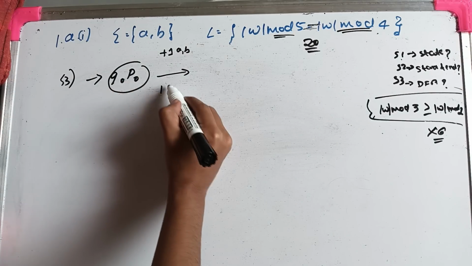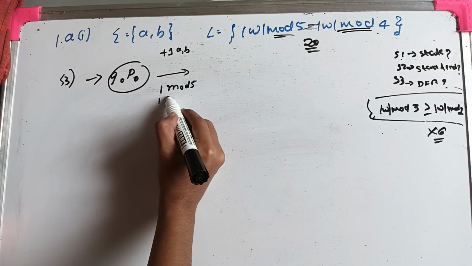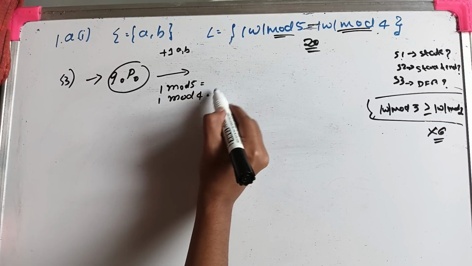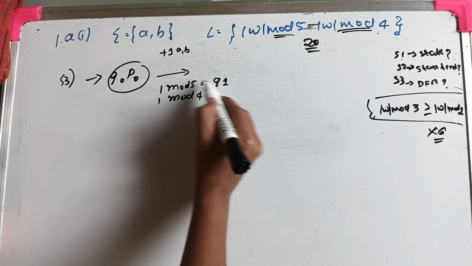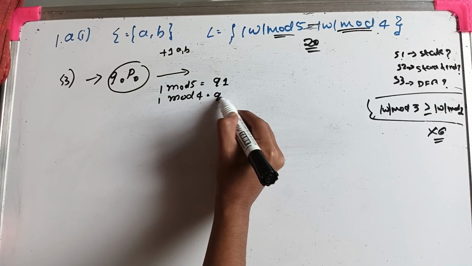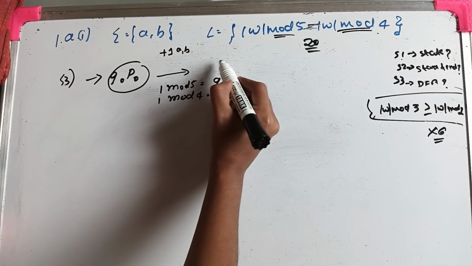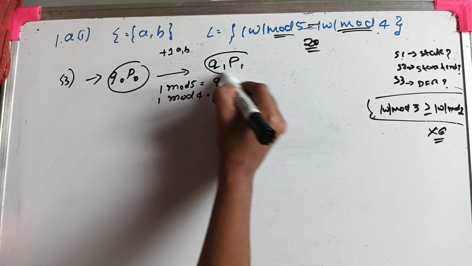We are adding one, and check 1 mod 5 and 1 mod 4. 1 mod 5 means here it is Q1. 1 mod 5 is 1 and 1 mod 4 is also 1, and this is P1. So the next state is Q1 P1.